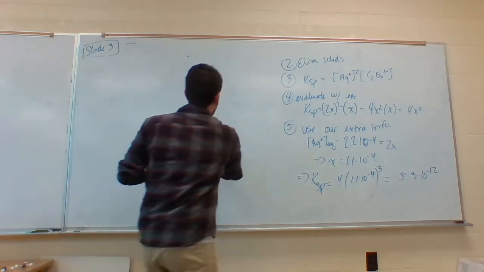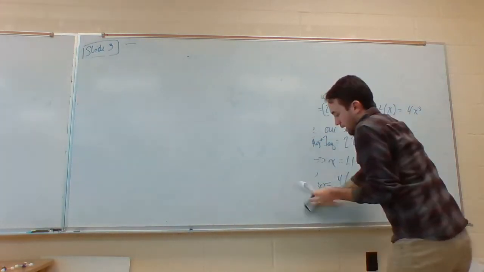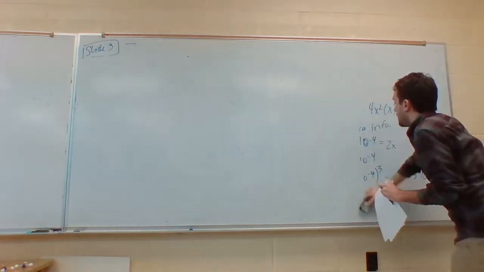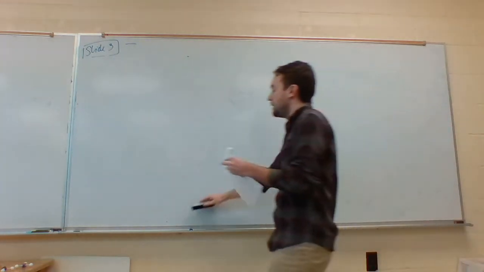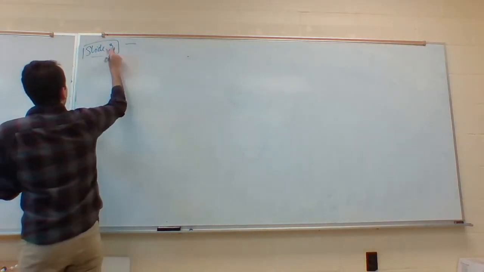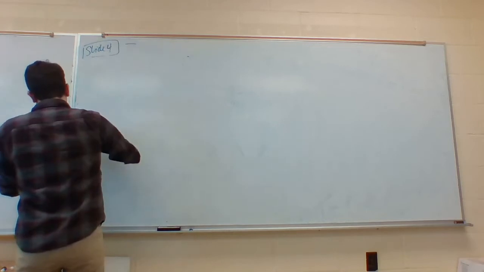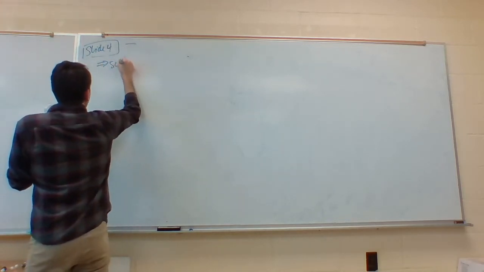Last time we looked at calculating our solubility product constant, so our KSP, our equilibrium constant for solubility. Now, looking at slide 4, now we're going to calculate our solubility.